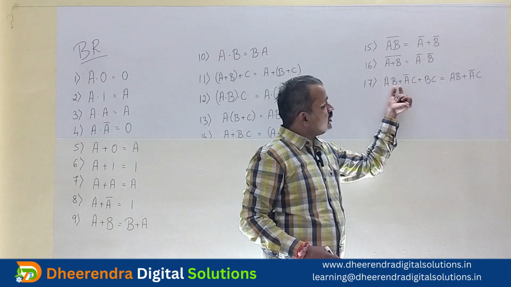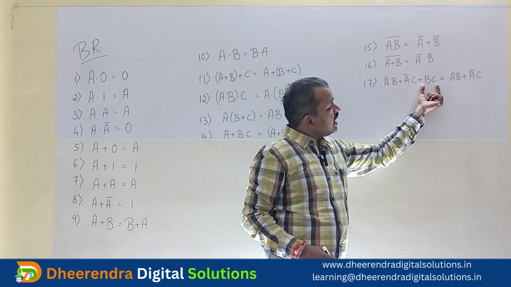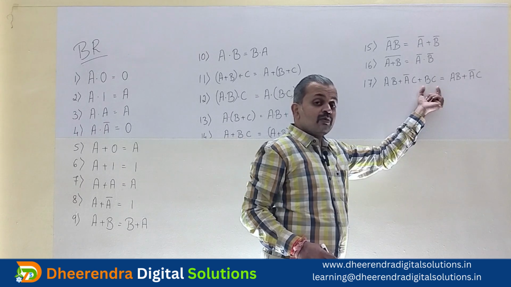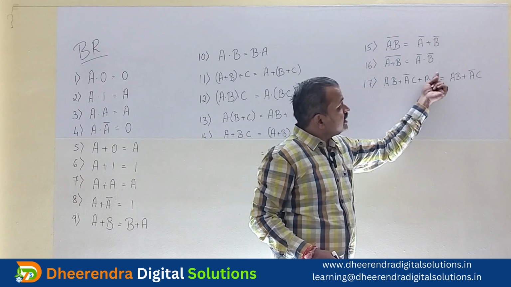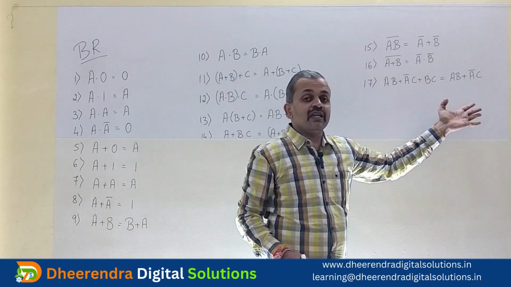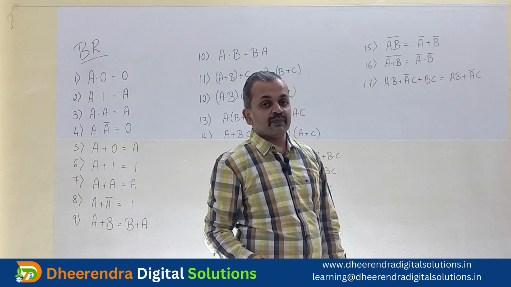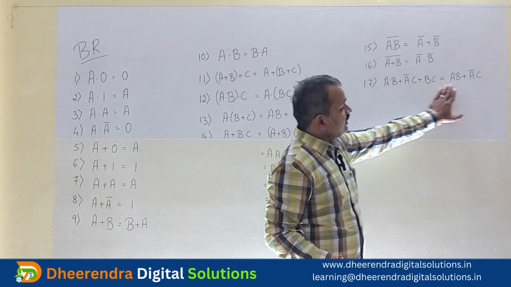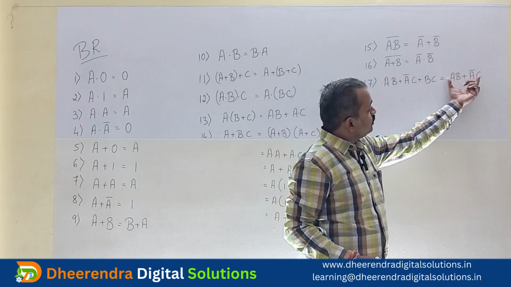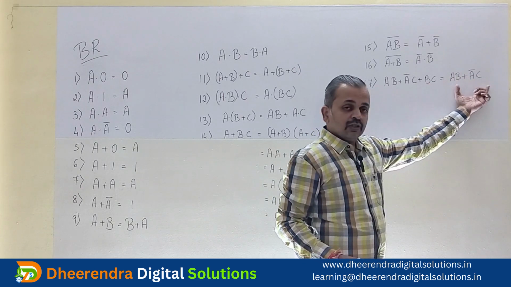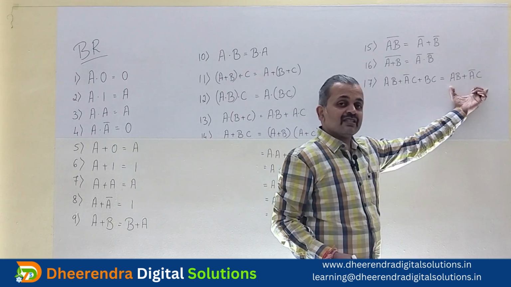The remaining term is B over here, the remaining term is C over here, and it is an AND of the remaining terms. Then the third term can be eliminated. This is what the Shannon's theorem states. So we make use of the Shannon's theorem over here. So we eliminate the third term. So this is what is your Shannon's theorem.